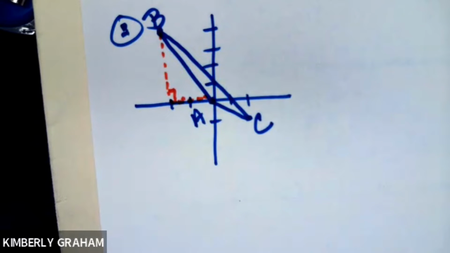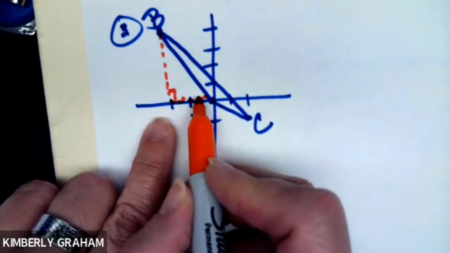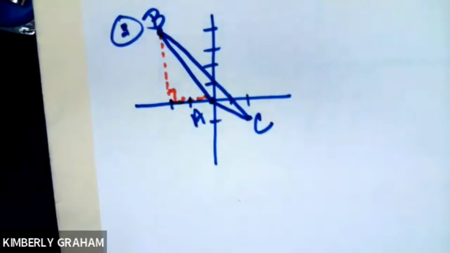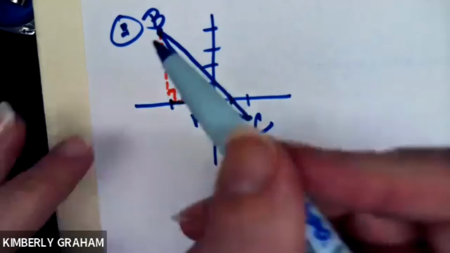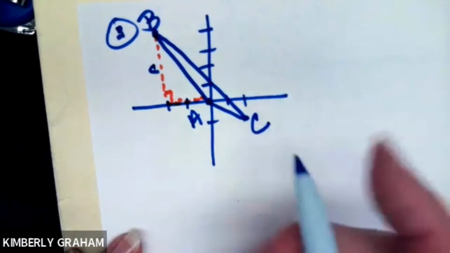I think I did a right triangle from here. So this length is 2. This length here is 4.